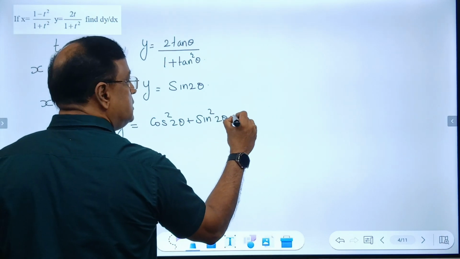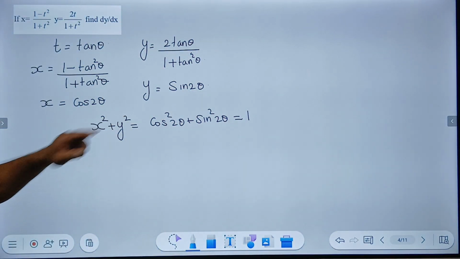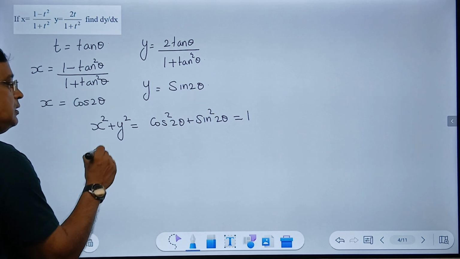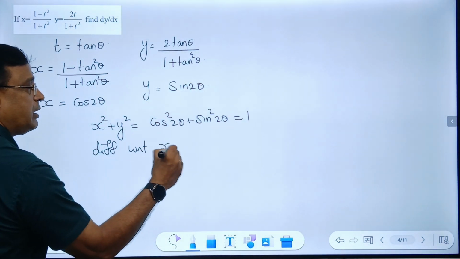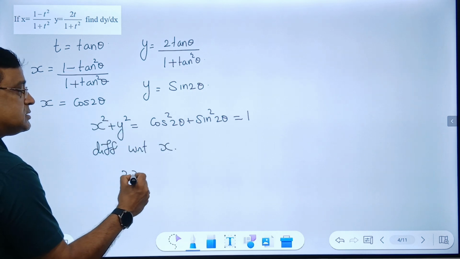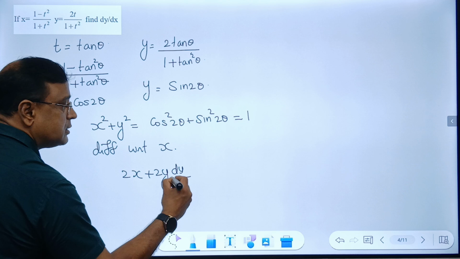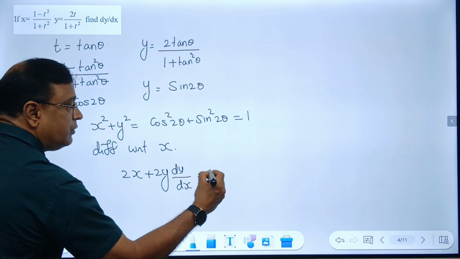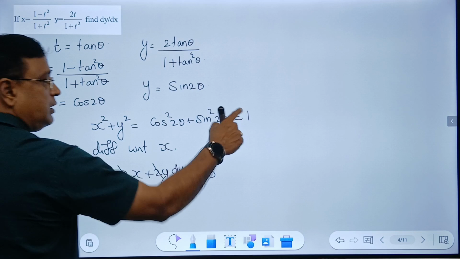This is a little easier, which is 1. So I got x square plus y square equal to 1. Now differentiate with respect to x. Here there is no parameter, okay? So it's just 2x plus 2y dy by dx equal to 0. 2 gets cancelled because differentiation of 1 is 0.